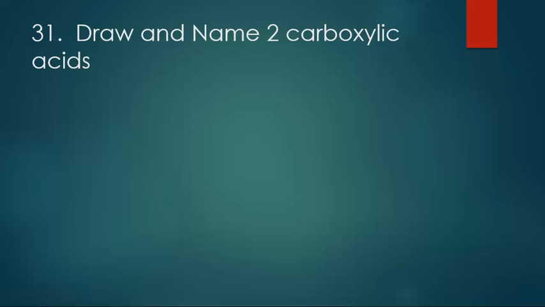This should be 31. Name and draw 2 carboxylic acids. Let me give you the 2 simplest carboxylic acids. A C double bonded to an O, single bonded to an OH, with an H. It's 1 carbon, so we use meth.